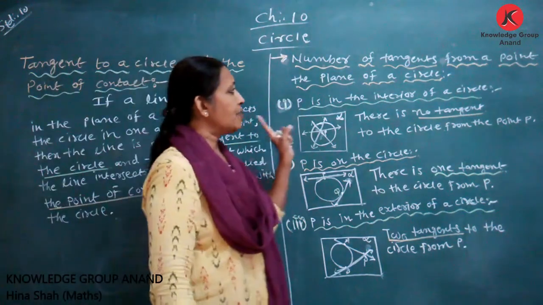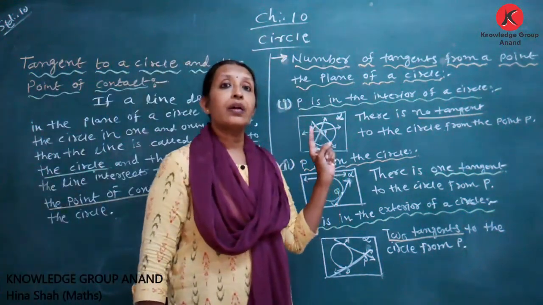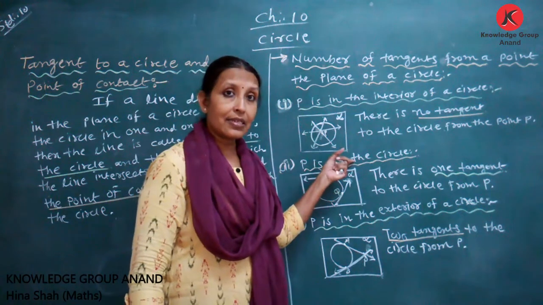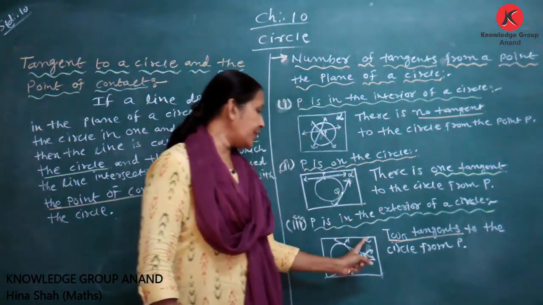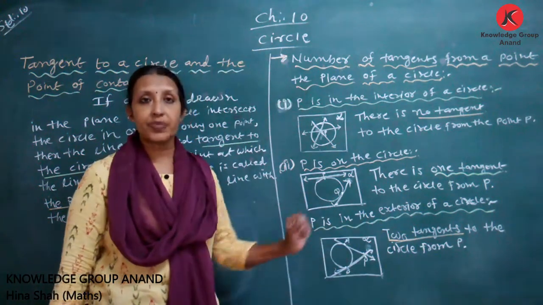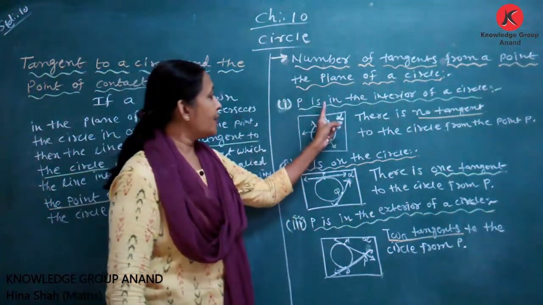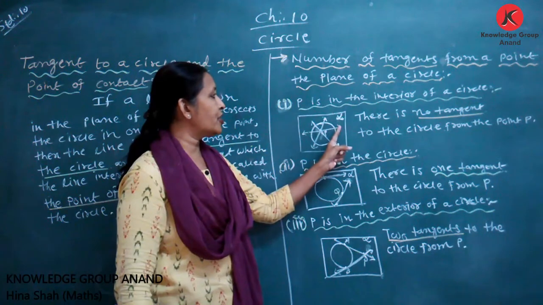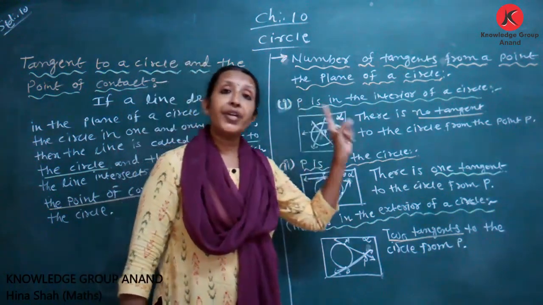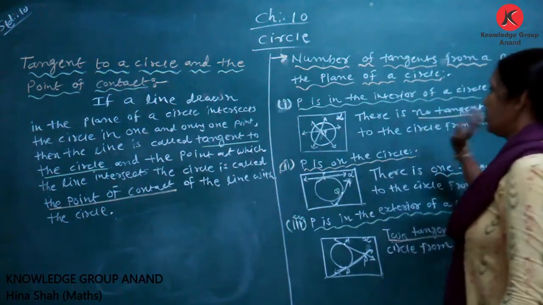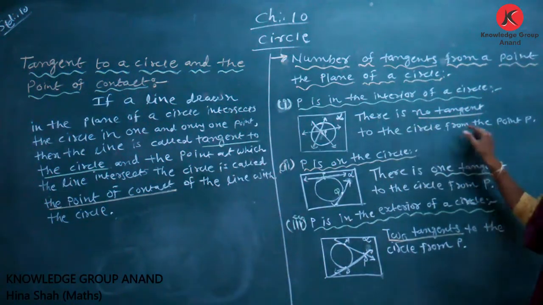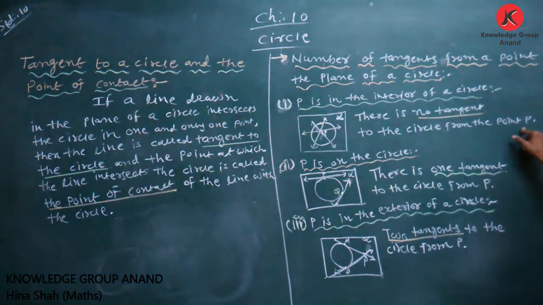There are three possibilities: point P lies in the circle, point P is on the circle, and point P is in the exterior of the circle. Suppose P lies in the interior of the circle, then we cannot draw any tangent. There is no tangent to the circle from the point P.